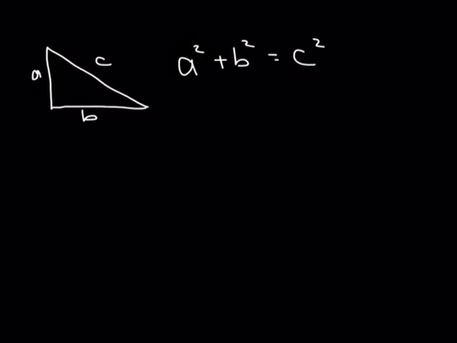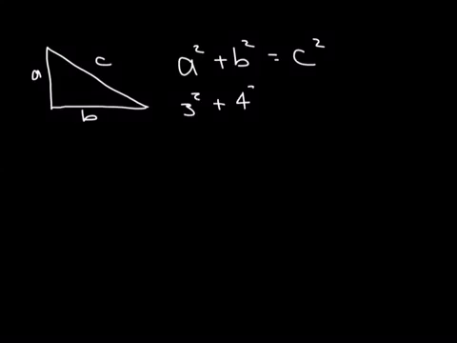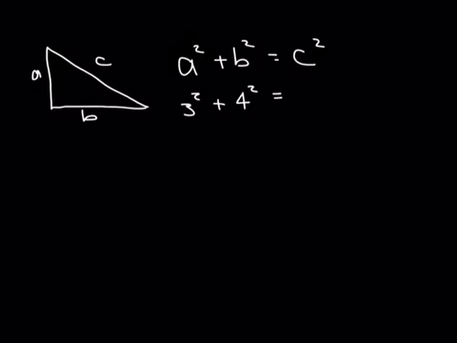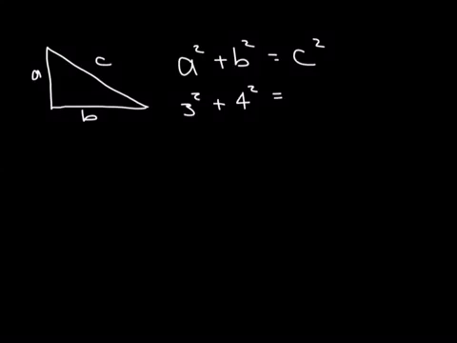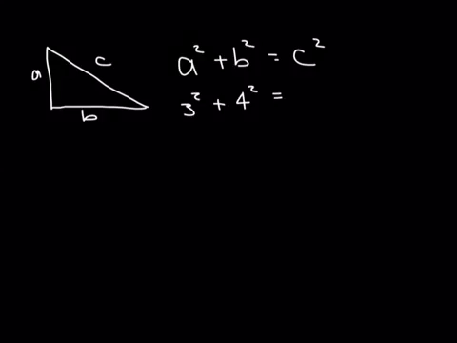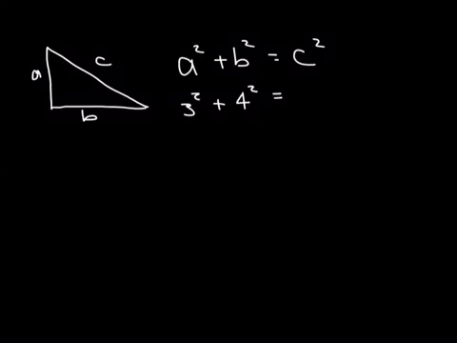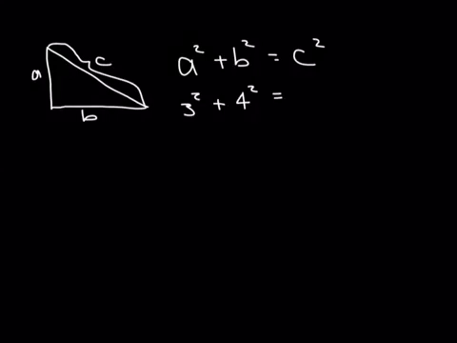So for example, if A is 3, B is 4, we should get C squared. We should be able to find out what the length of the hypotenuse is based on that.